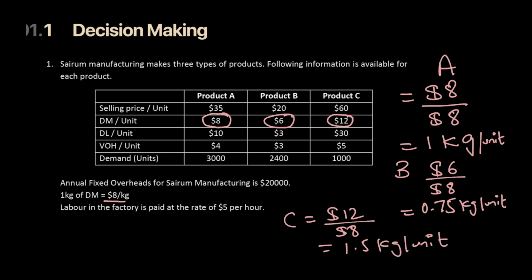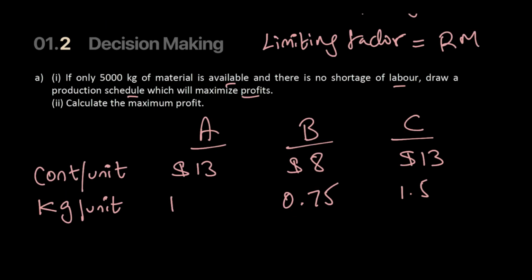This is their resource consumption. Now we can go back to our workings. I've written this over here: A consumes 1 kg, B consumes 0.75 kg, and C consumes 1.5 kg per unit.